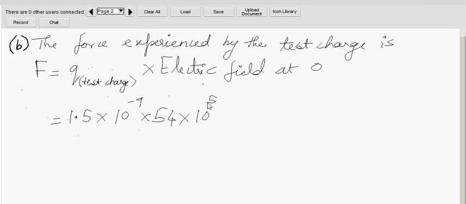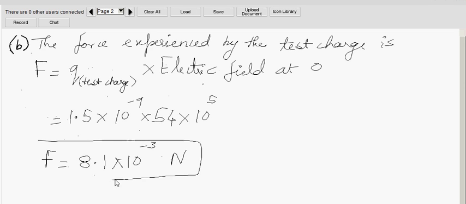Simplify this, you will get force as equal to 8.1 into 10 to the power minus 3 Newton.